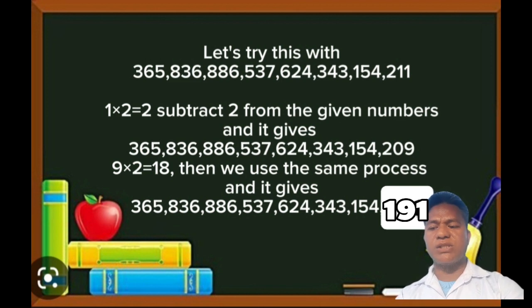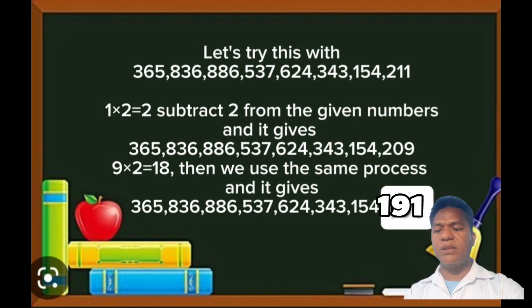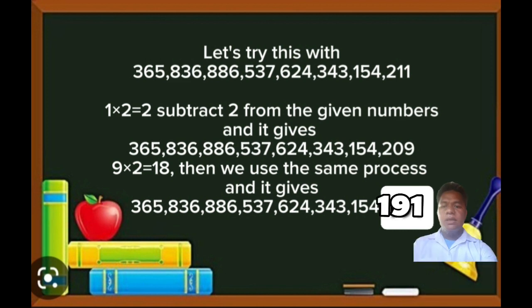So it gives us 365 sextillion, 836 quintillion, 886 quadrillion, 537 trillion, 624 billion, 343 million, 154,209. Now, the last digit is 9, so we multiply it by 2. So 9 times 2 is 18. Subtract 18 from the given number.